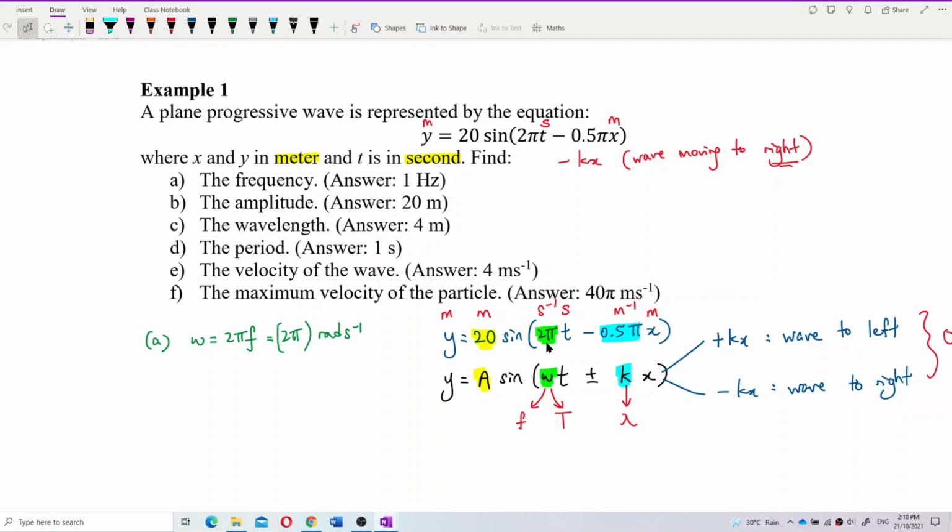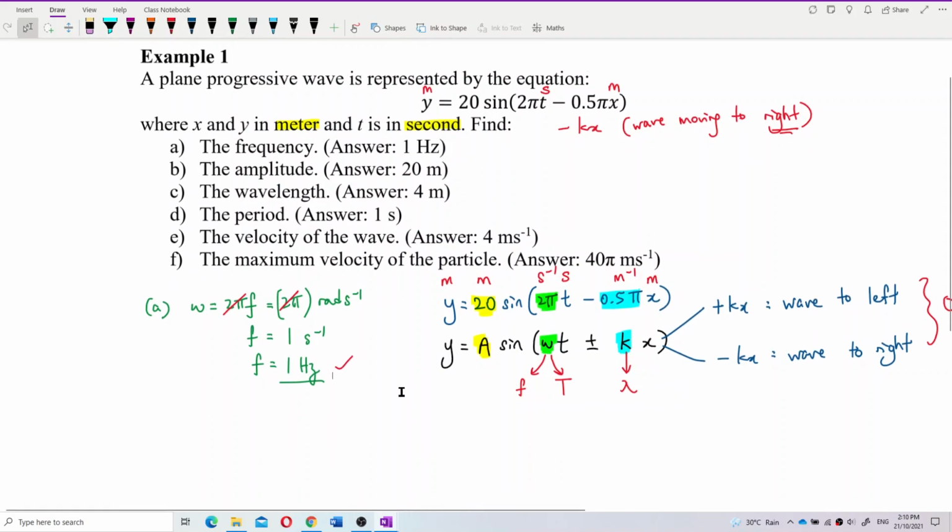From here I can find my frequency. The 2 pi cancel off, and my frequency is 1 per second, or 1 hertz. So that's my answer. Is it correct? Yes, it is 1 hertz.